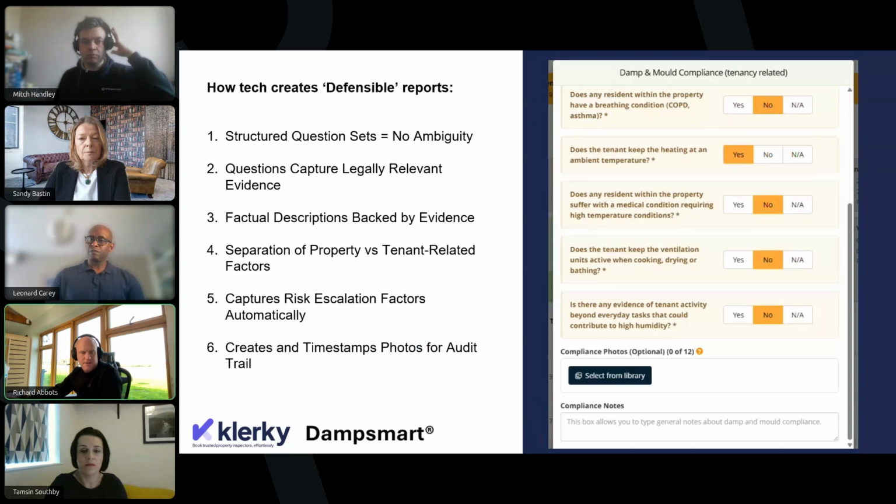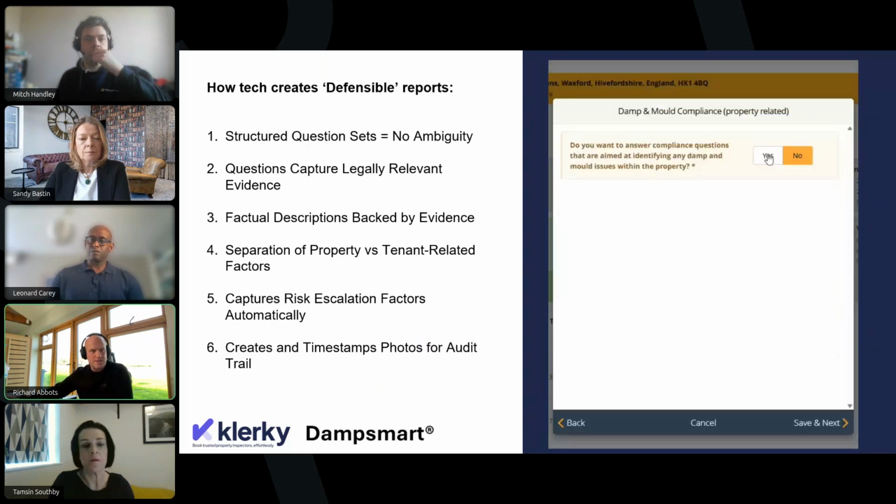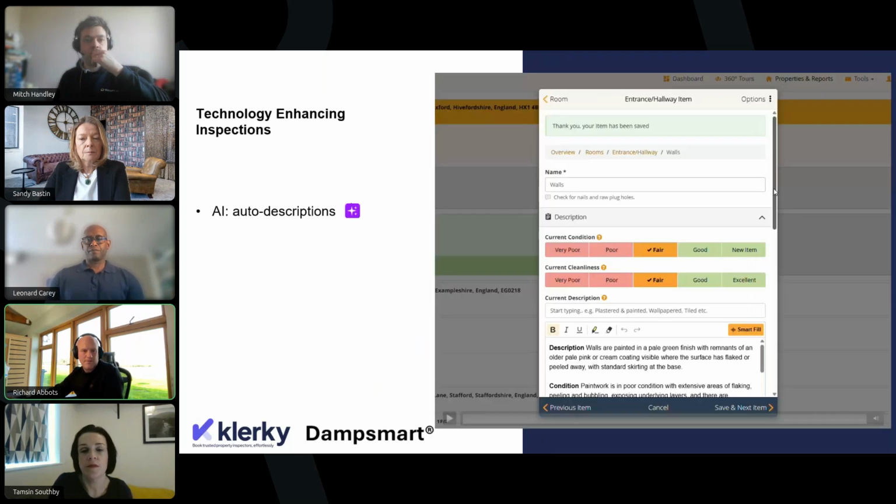So then moving on to the next one. In terms of technology, I'd be a little bit remiss not to make reference to how AI is now being used to help generate descriptions. Klerky, a marketplace launched in April last year, is designed so that vetted, insured, qualified property inspectors can be found.